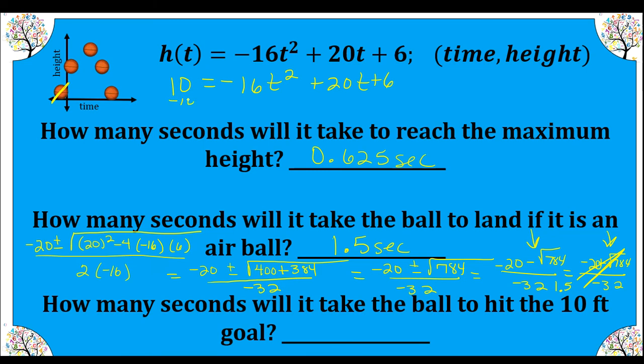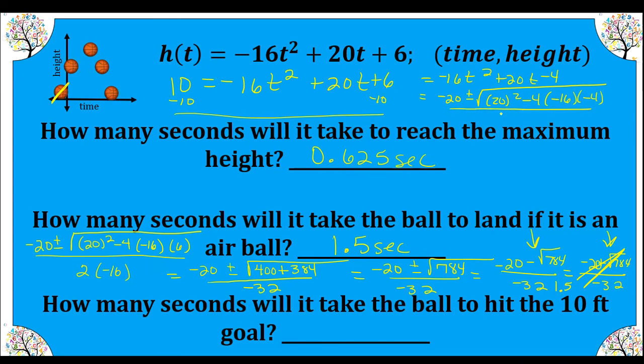So let's subtract 10, and we have negative 16 plus 20 minus 4. Negative b plus or minus the square root of b squared minus 4 times a times c, over 2 times a.